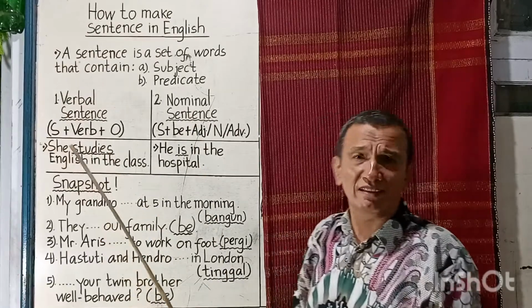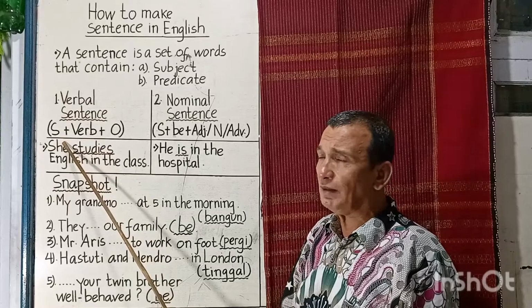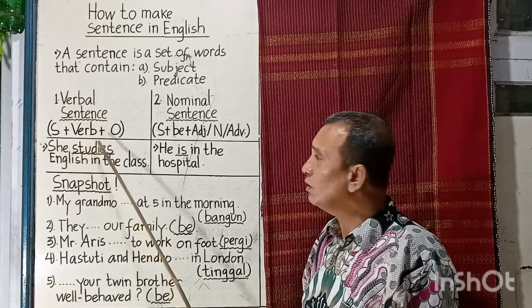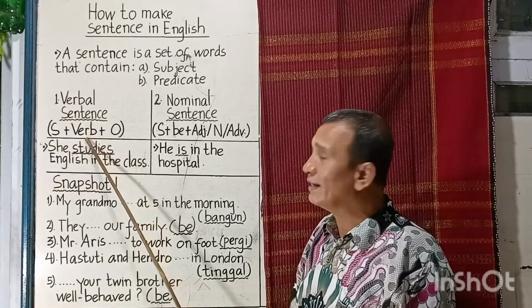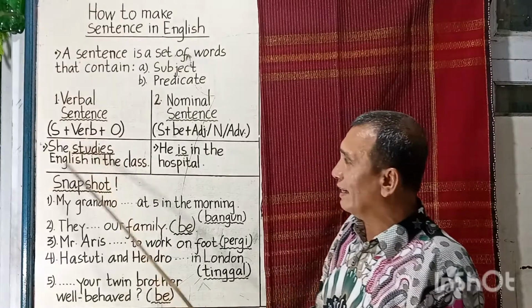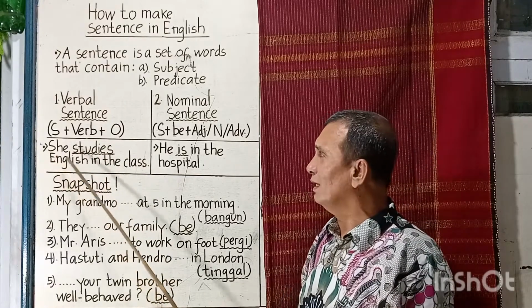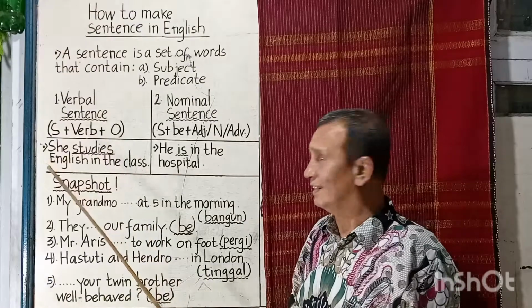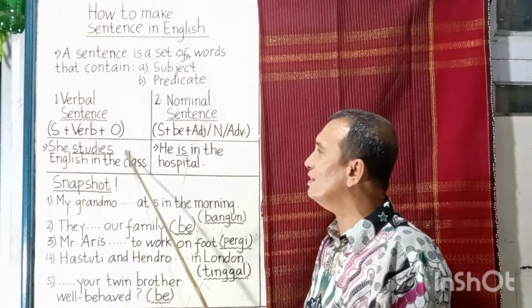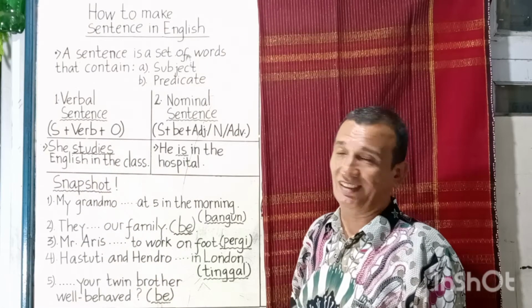Struktur verbal sentence adalah subjek, verb plus object. Selalu ada verb. Let's see one example for the verbal sentence. She studies English in the class.